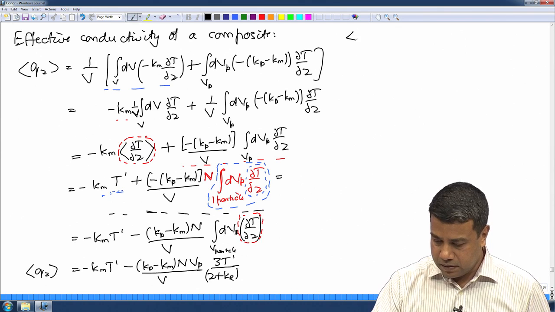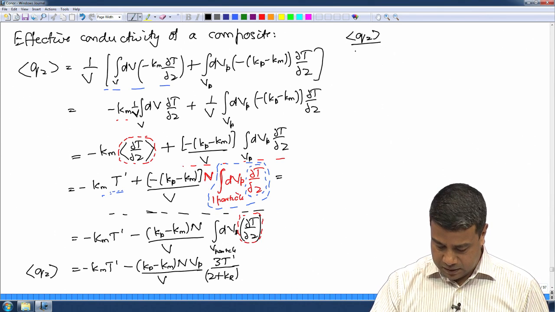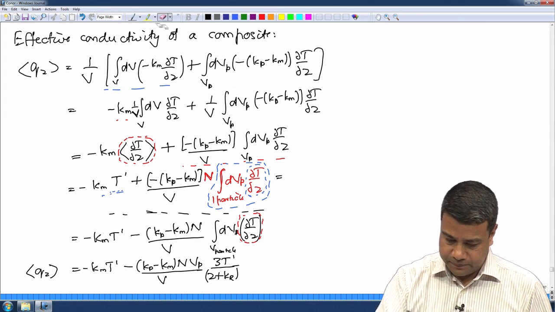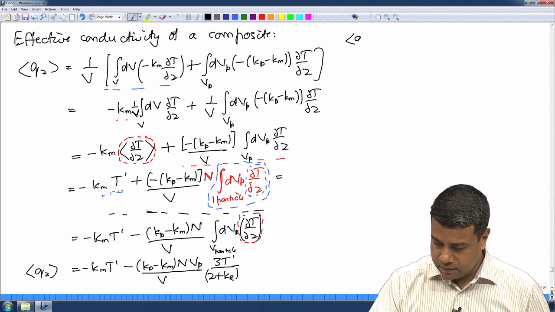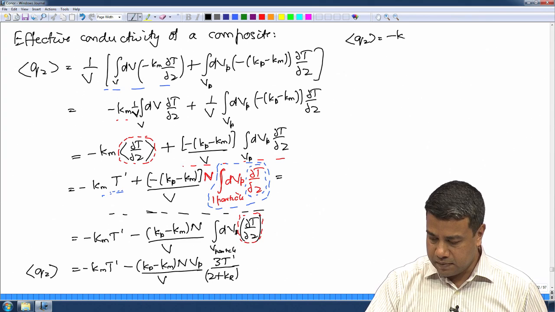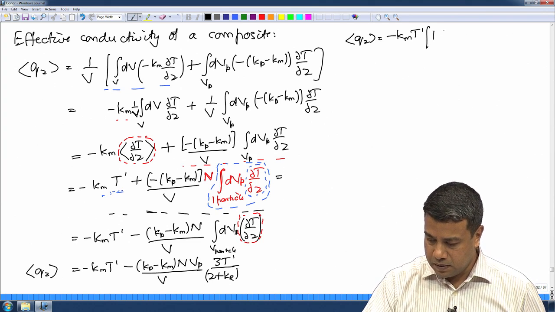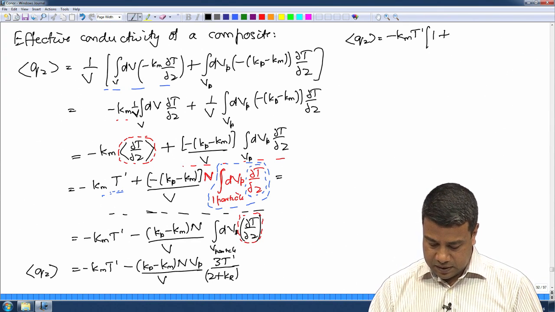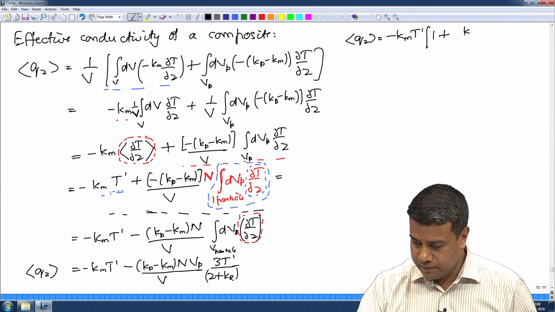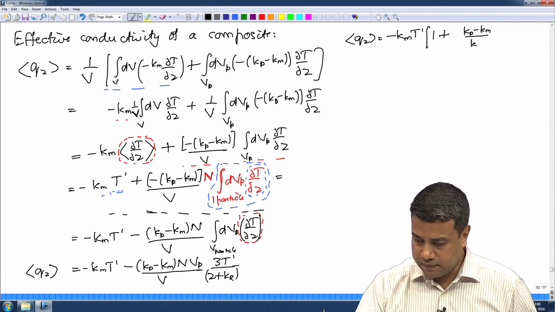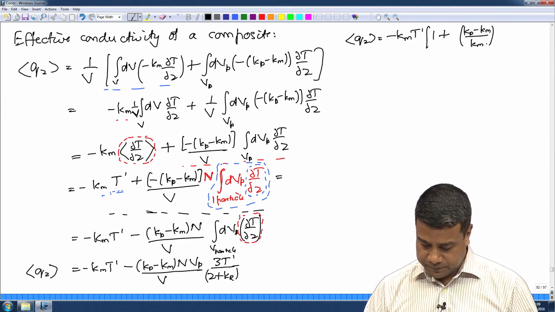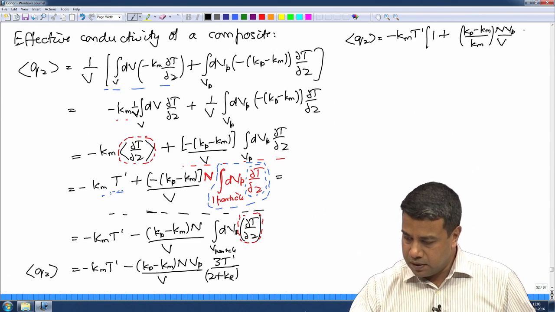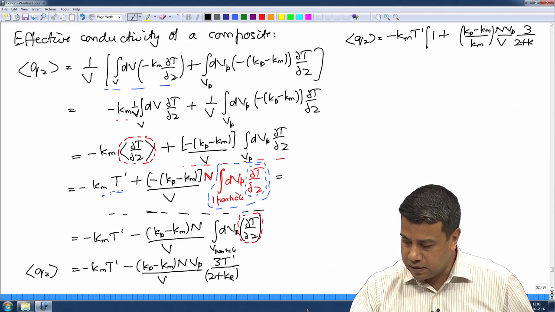Now, if I divide by k m, alternatively I can write this as minus k m T prime into 1 plus, taking k m and T prime outside, k p minus k m by k m, into n V p by the total volume, into 3 by 2 plus k r.